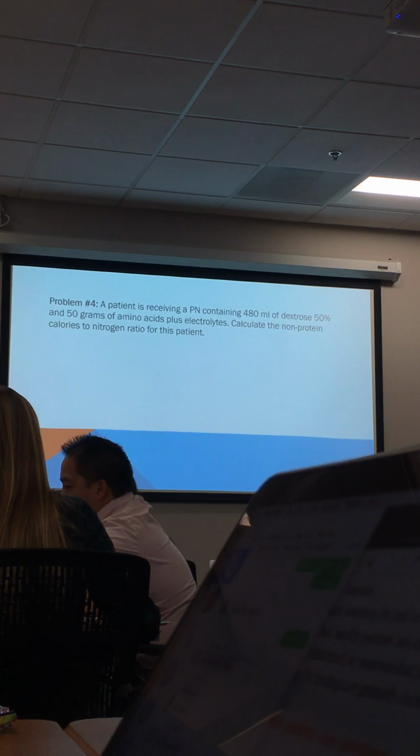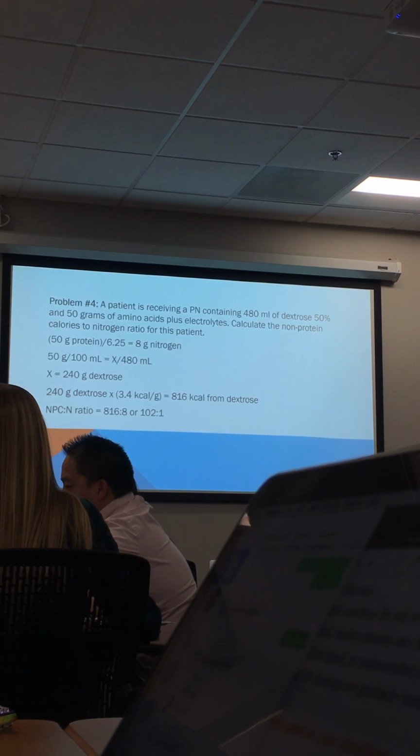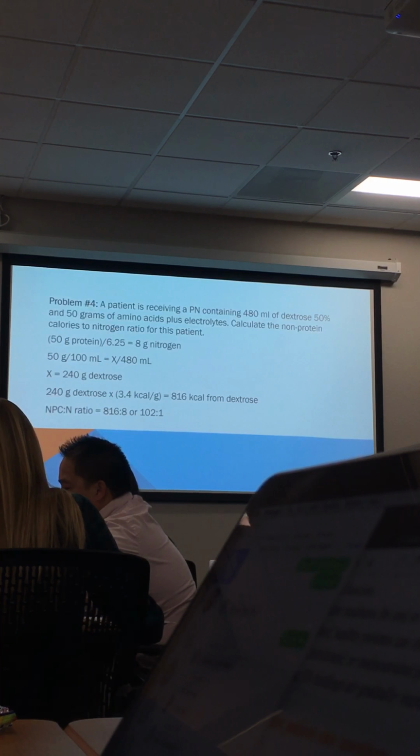So this question asks you the non-protein calorie to nitrogen ratio for these patients. You just use the previous formula, okay? And you calculate how many grams of nitrogen, and then the question asks you to calculate non-protein calories.